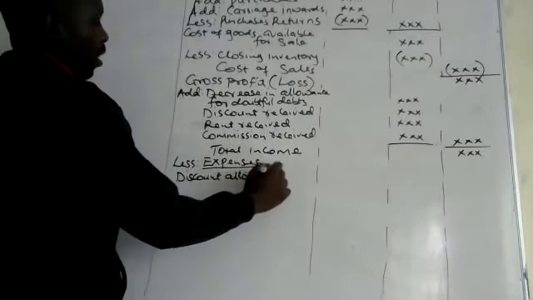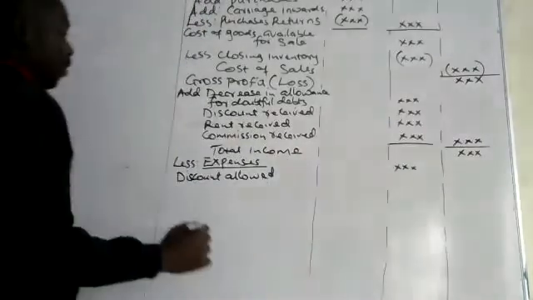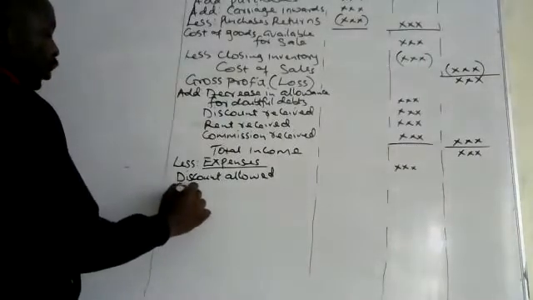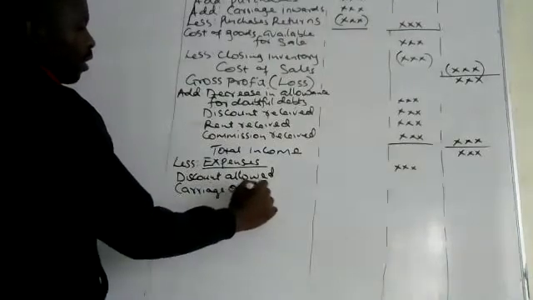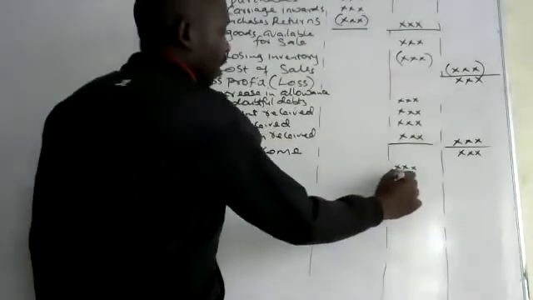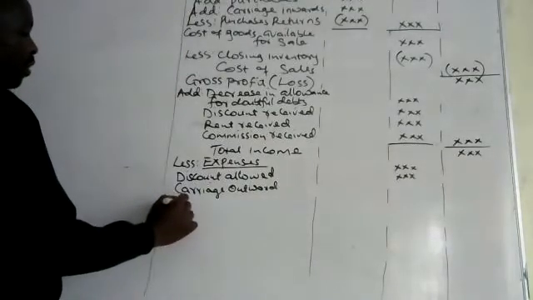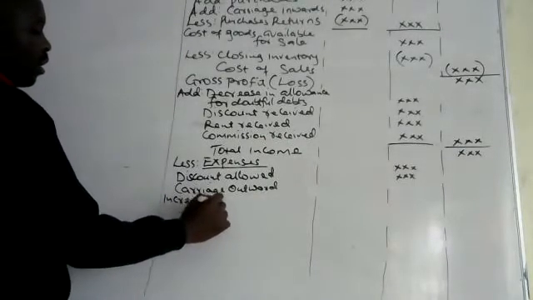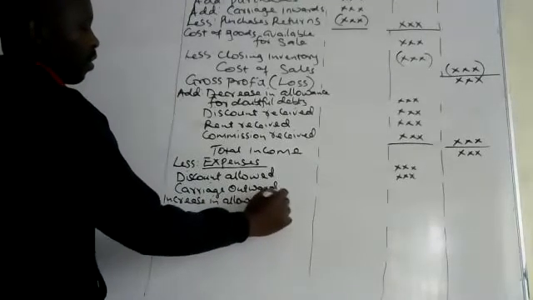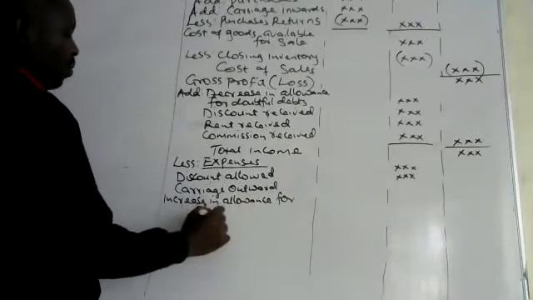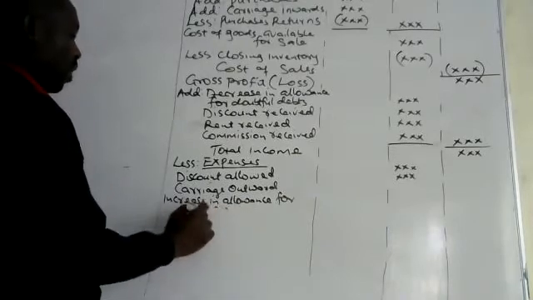When you allow the customer discount, you are losing some money. We have carriage outward. We also have increase in allowance for doubtful debts.